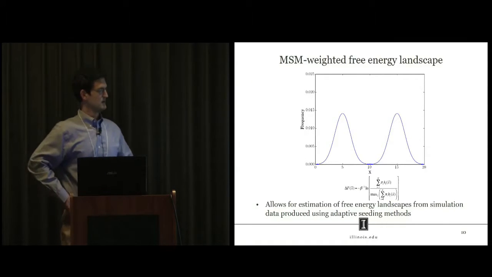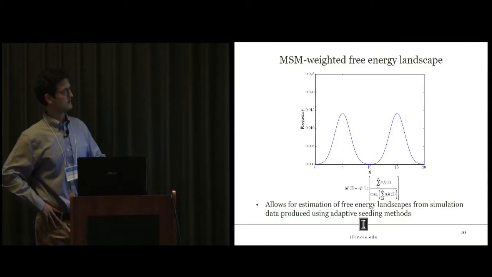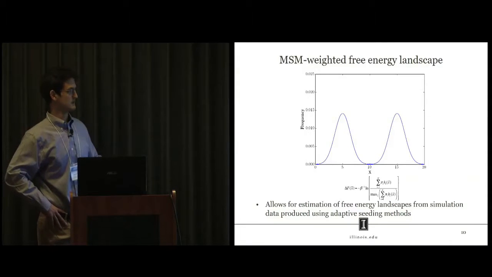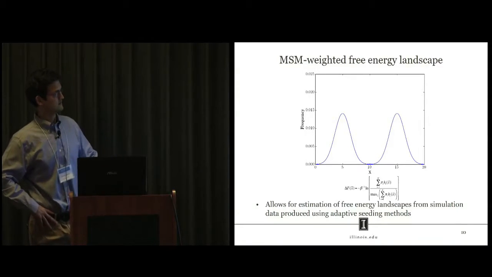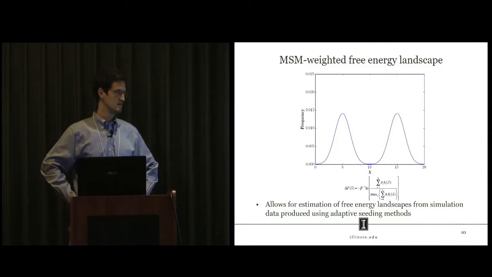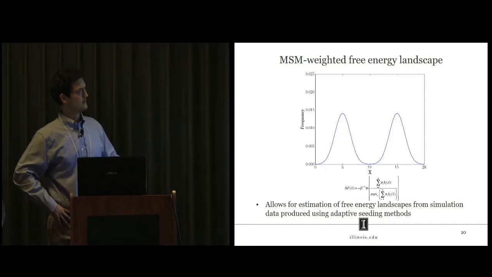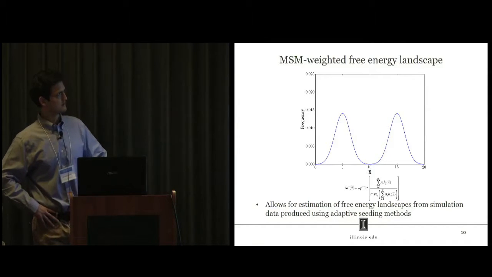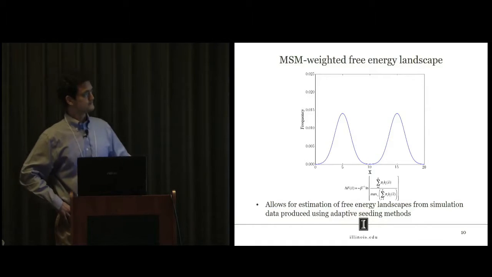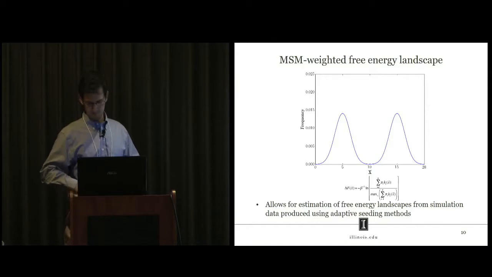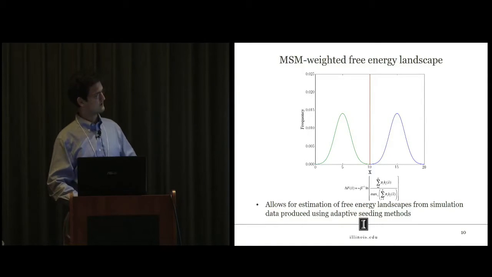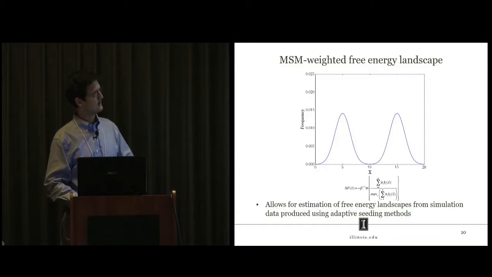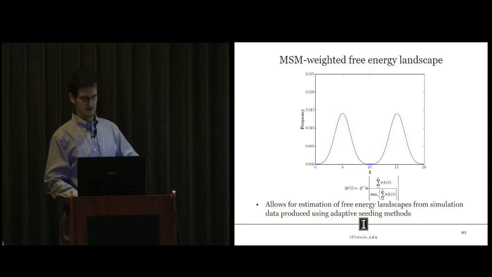And then just a quick example of how we can get free energy landscapes from that. If you imagine that this is a histogram of simulations that you've gotten from adaptive sampling put onto a single reaction coordinate x, this doesn't really represent an accurate frequency distribution of our simulations.